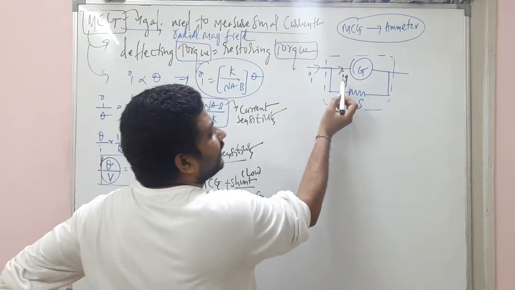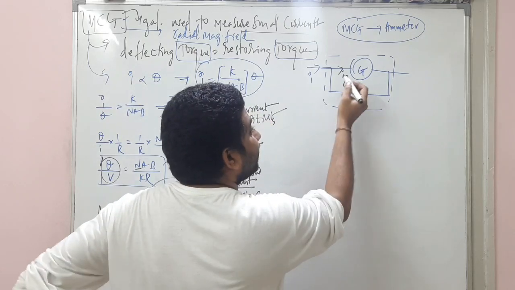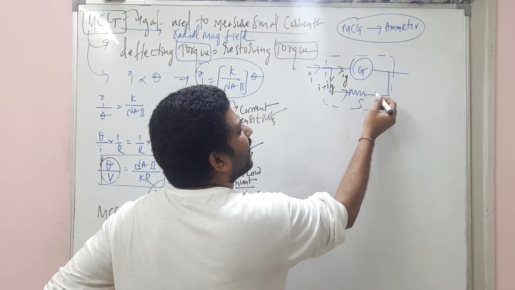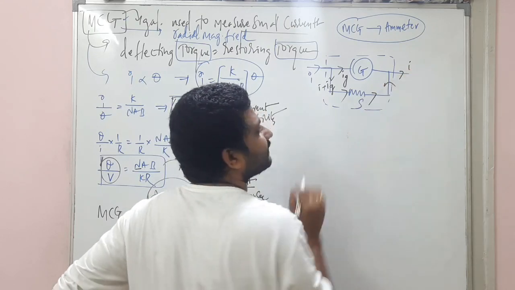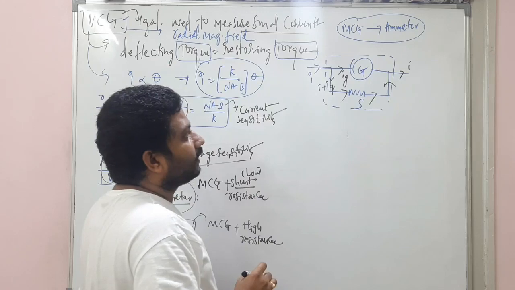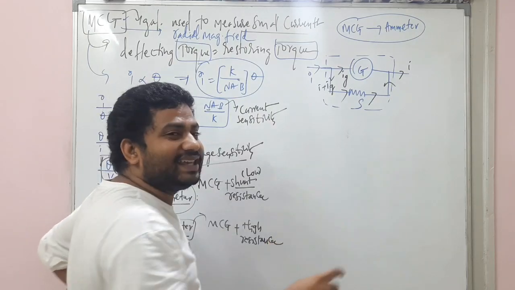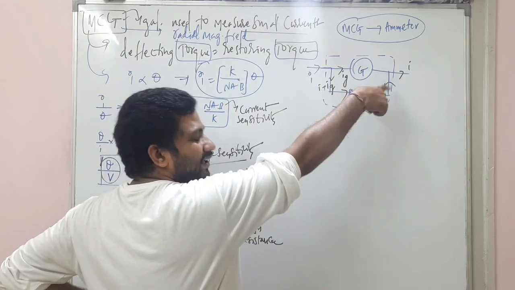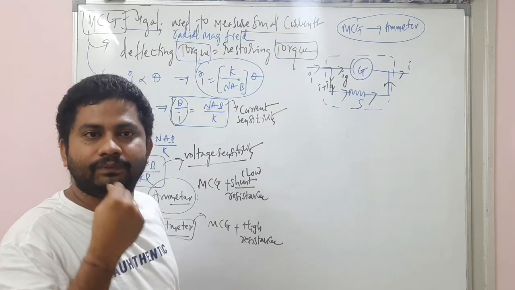The remaining current, I minus Ig, will pass through the shunt and again come back as I. Now, as the shunt resistance is very small, the maximum amount of current will pass through it, so that no damage takes place to the galvanometer.